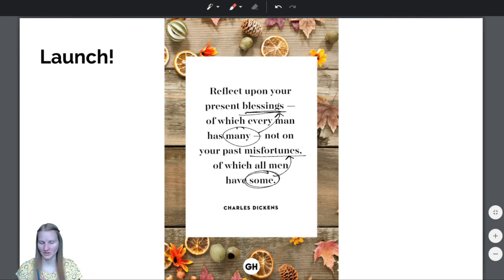So I want to focus on the things that are bringing me joy right now, the things that I am blessed with, instead of dwelling on all that stuff in the past that I can't change anymore. If I focus on the things that I am happy about right now, that's going to be a much happier life for me than if I focus on the negative things in the past. I can't change the past, but I can be here present in the moment and be very thankful for what I have here in this moment.